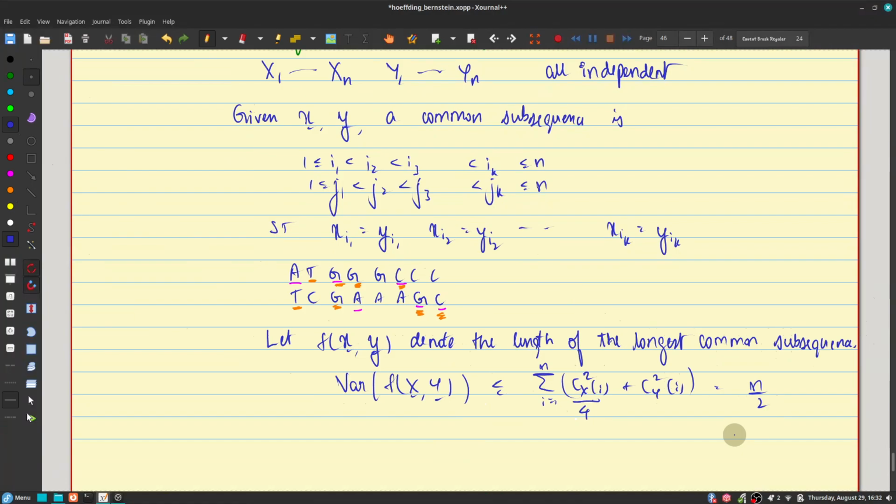So all I can say is that the standard deviation is at most square root of n by 2, but it grows as order square root of n. I'm sorry, the whole thing divided. I could just take 1 to 2. There are a total of 2n variables.